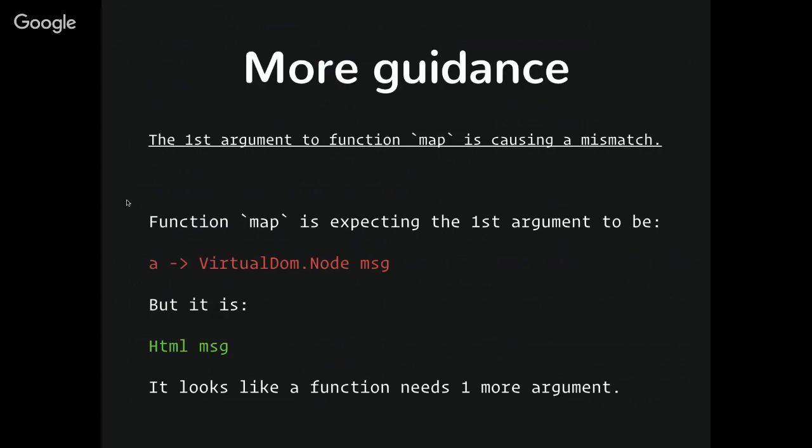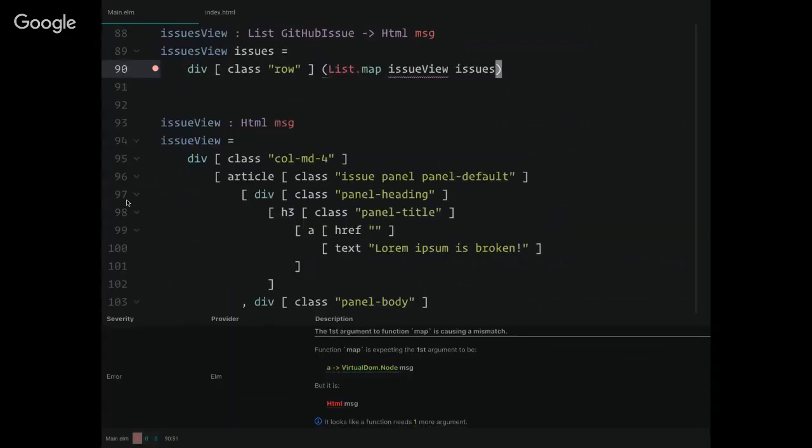Where it says A, so you pass in something that is of any type. If you see a lowercase variable in Node as part of the type signature, it can be any type. So it's expecting an A to node message transformation here, but it's just an HTML message thing. Horribly explained, sorry about that.